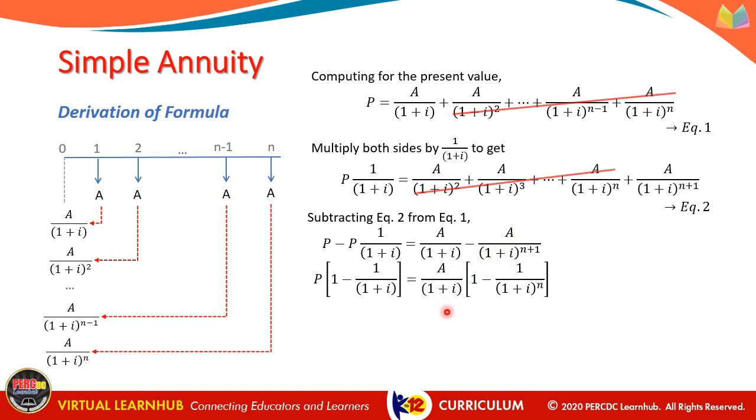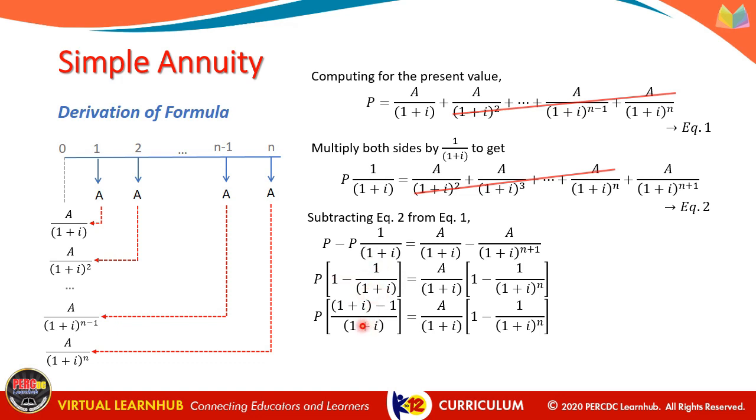We can write it as A over 1 plus i times quantity 1 minus 1 over (1 plus i) raised to n.